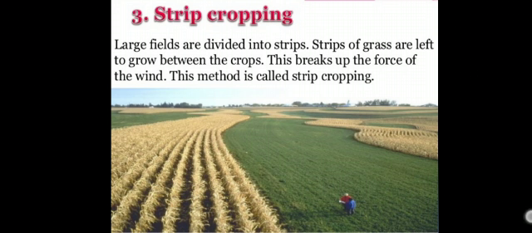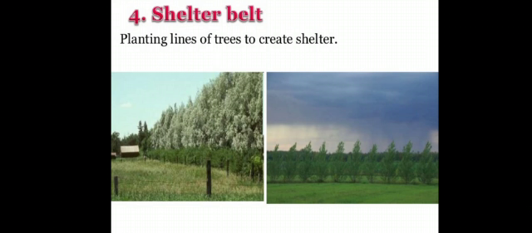Then strip cropping. Large fields are divided into strips. Strips of grass are left to grow between the crops, which break up the force of wind, thereby reducing soil erosion. Then shelter belts. Planting lines of trees to create shelter, and the rows of trees are called shelter belts.